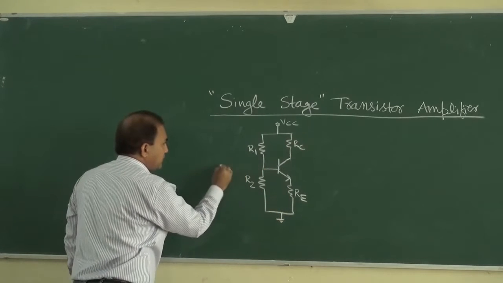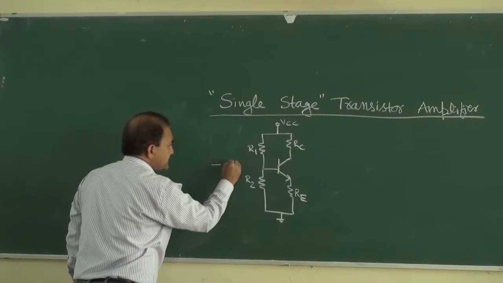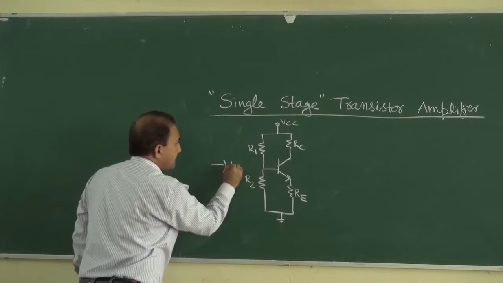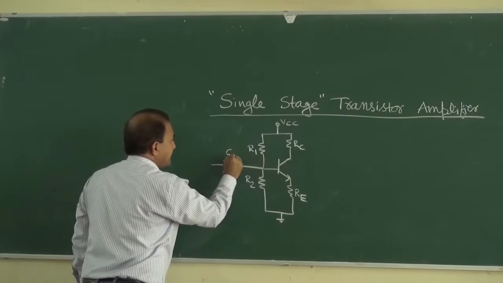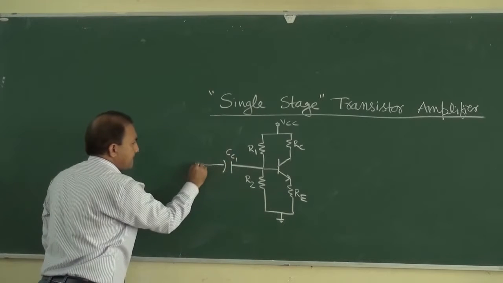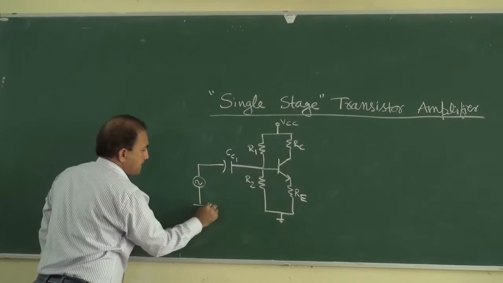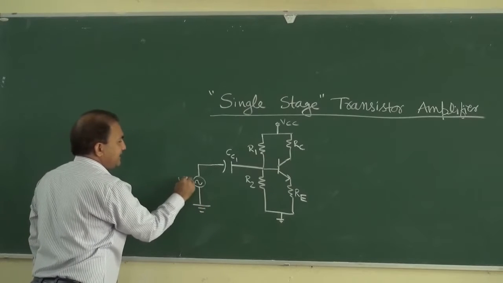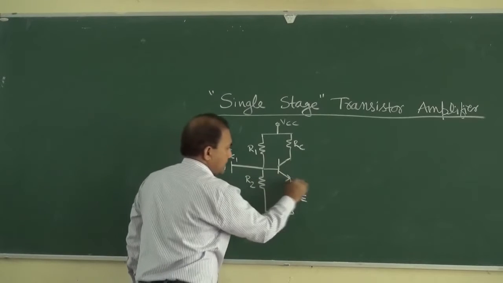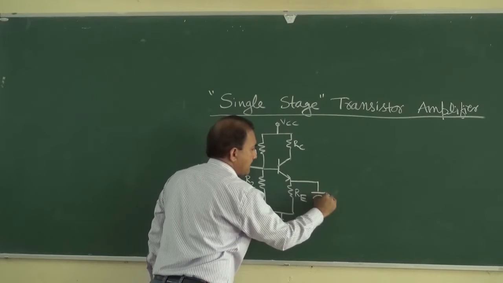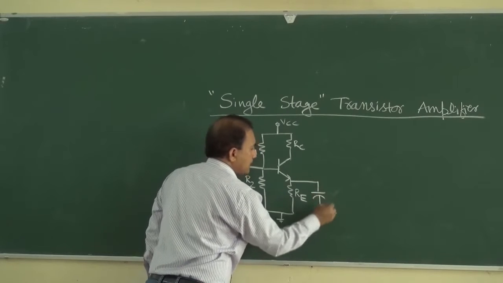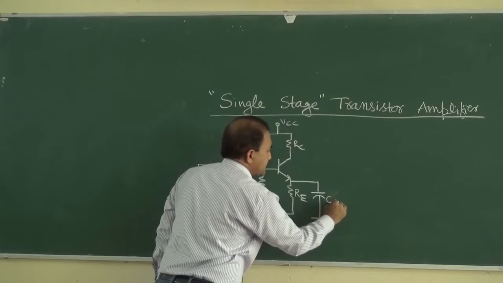Then what we have to use? One capacitor like this. Suppose this is coupling capacitor 1. This is Vin. This is emitter bypass capacitor.